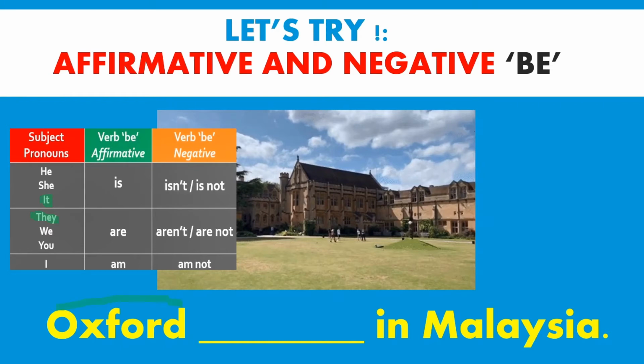Okay, so there's only one Oxford in the world, so we cannot use they because there's only one Oxford. They are is for more than one, so they are is wrong. I mean they aren't, they are not is wrong. So the answer should be Oxford isn't in Malaysia because Oxford is in the UK.